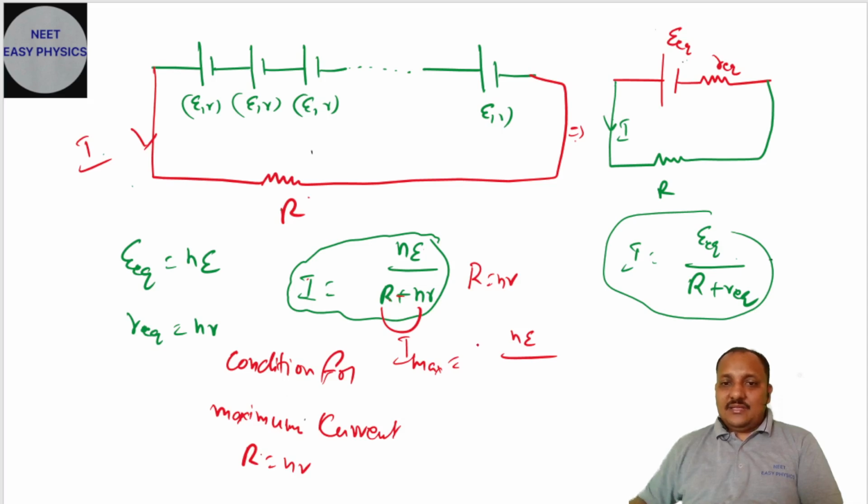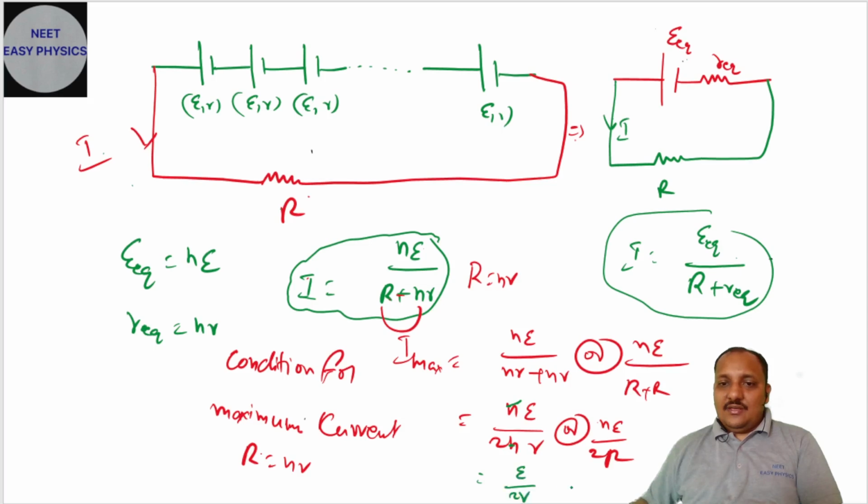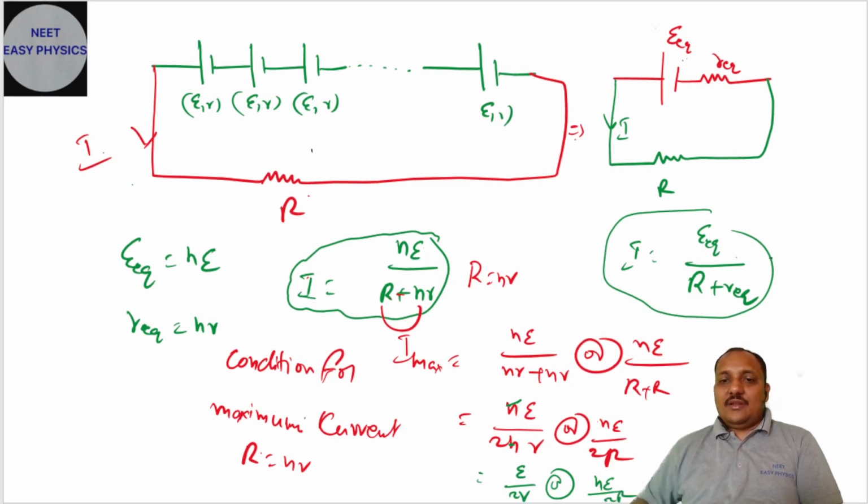Capital R equal to Nr means substituting here: Nr plus Nr, or NE by capital R plus capital R. So NE by 2Nr, or NE by 2 capital R. If you cancel small n and small n, that is going to be E by 2 small r, or NE by 2 capital R. So this is the condition for maximum current.